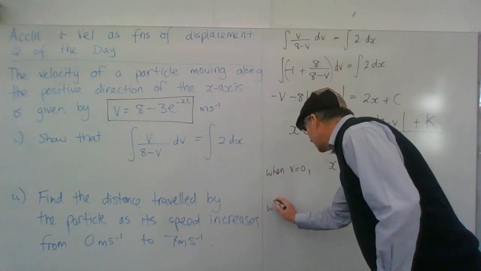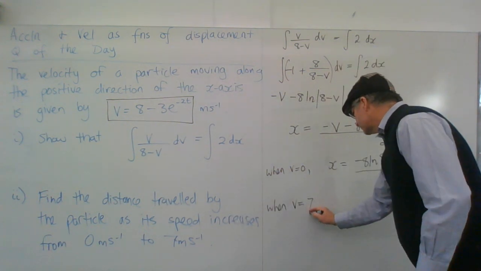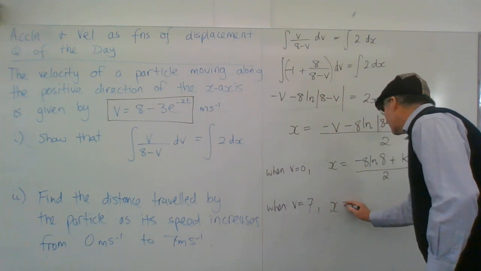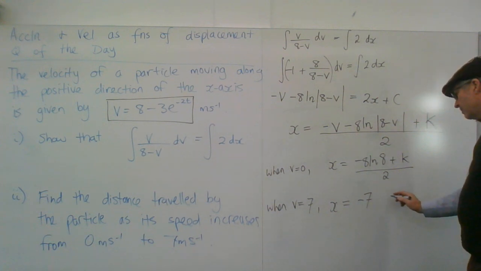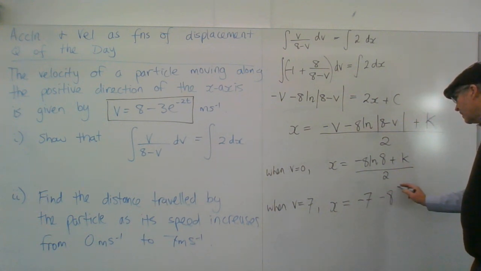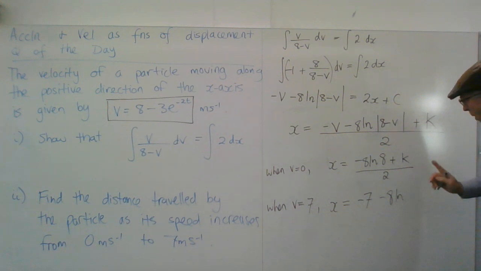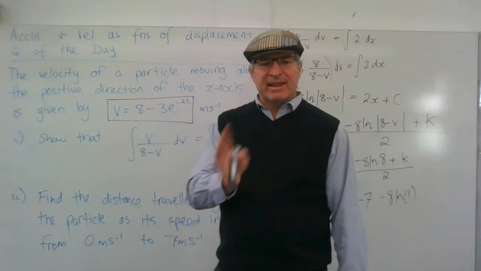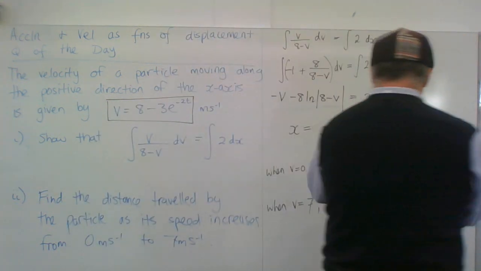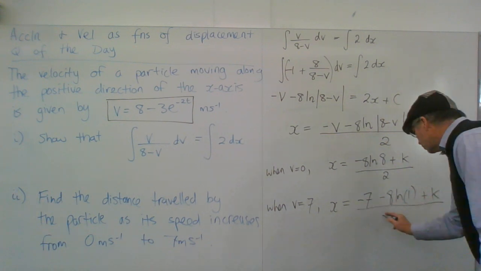And when v equals 7, x equals minus 7 minus 8 ln 8 minus 7, which is 1. ln 1, isn't that 0? Well, anyway, it's in there, plus k on 2.